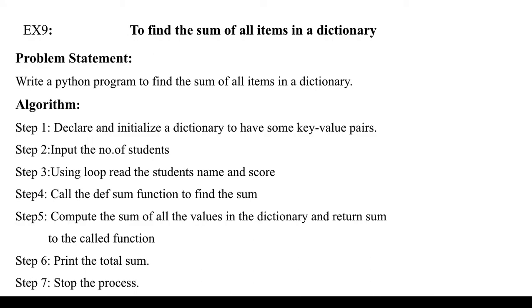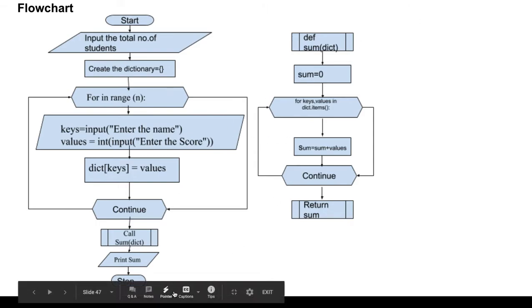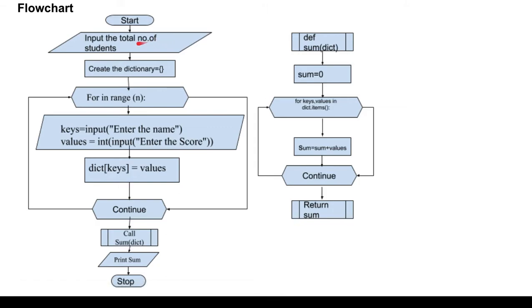Now we'll see the flow chart. A flow chart represents the flow of data for the given problem. The oval symbols are used to represent start and stop, and the parallelogram represents the I/O statements. So input the total number of students, because we are going to store the student name and the score value in a dictionary.